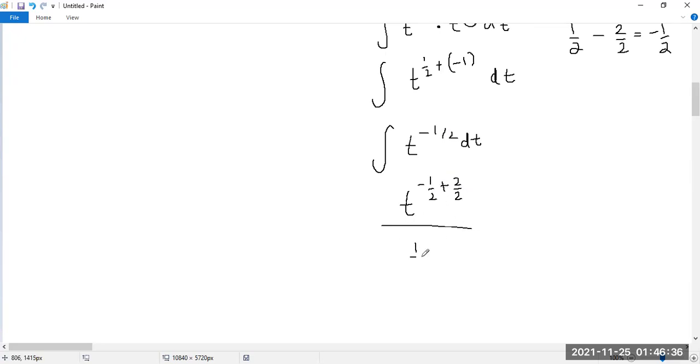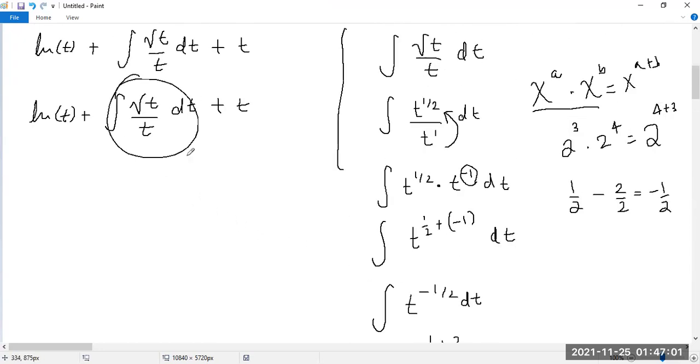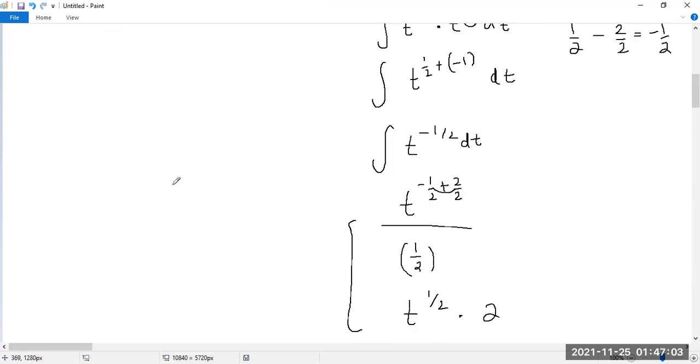This would be 1/2, because if my exponent here is -1/2 and I add 1, I'd get 1/2. So I have t to the 1/2, and then I multiply by the reciprocal, which is 2/1, which is just 2. So I have 2t to the 1/2. This middle portion here is actually 2t to the 1/2.